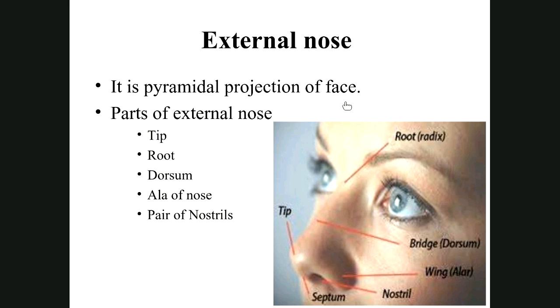These are the parts: the tip, the root of the nose, the dorsum, the upper dorsal part, the ala of the nose, and then the nasal septum and the pair of nostrils. So these are the parts of the nose.